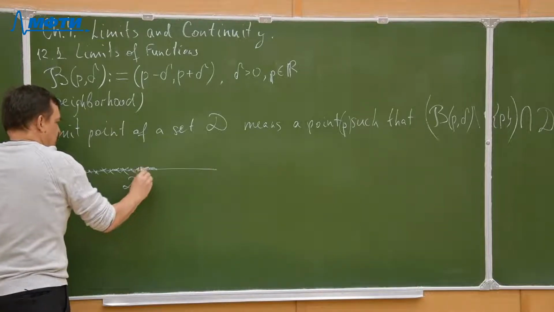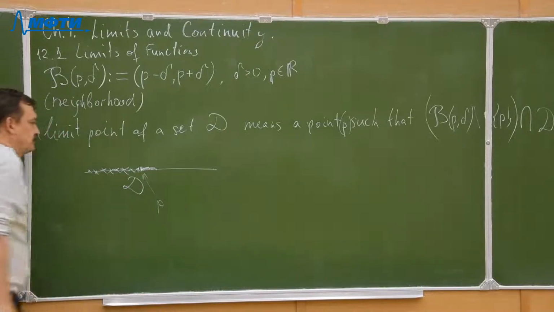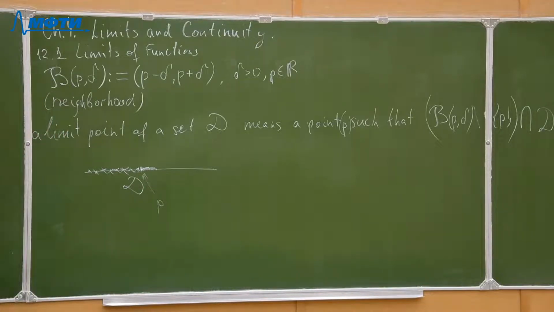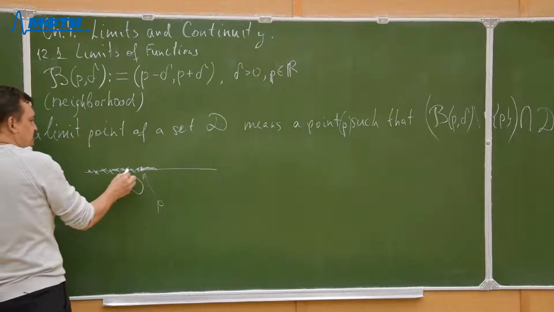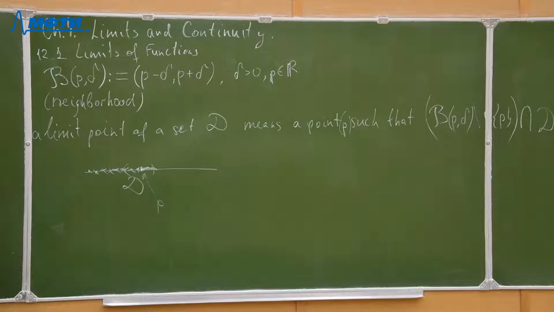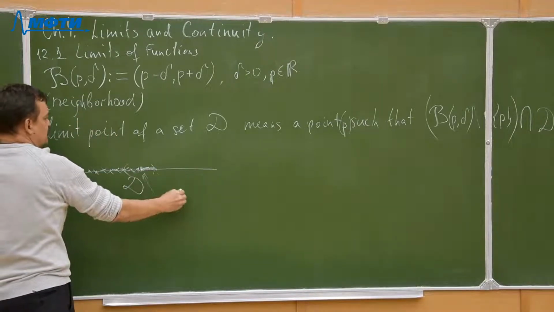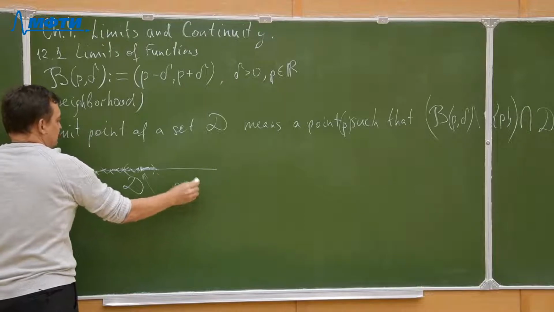Look, for example, that one, that is P. It doesn't matter how small the interval B(P, delta) is, so that is P plus delta.